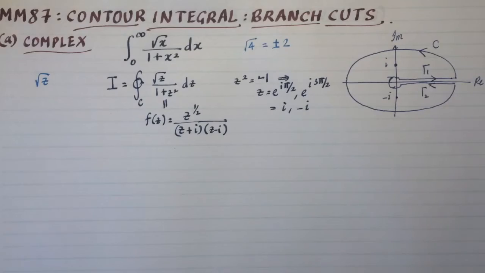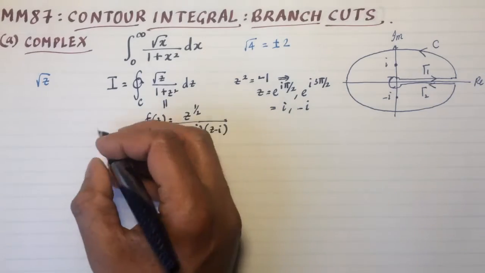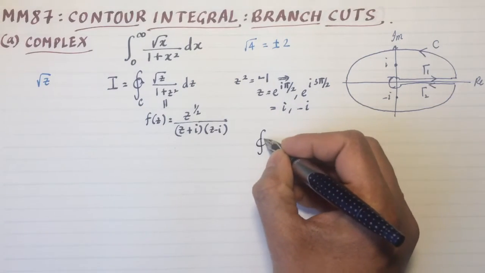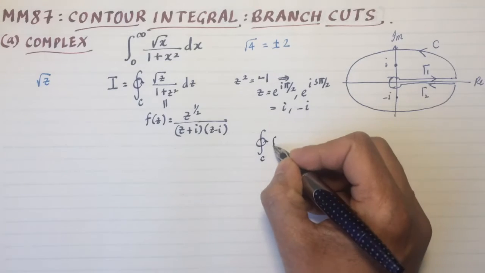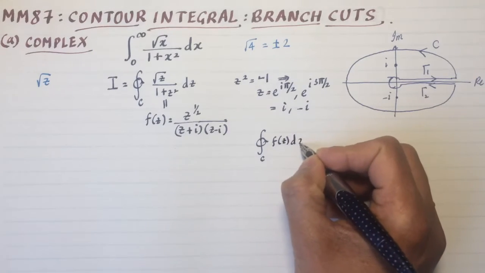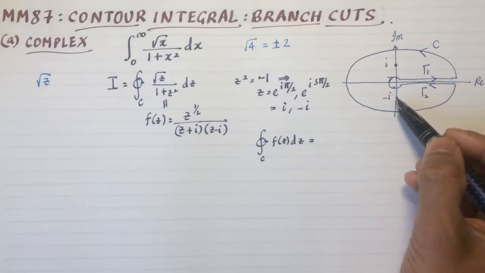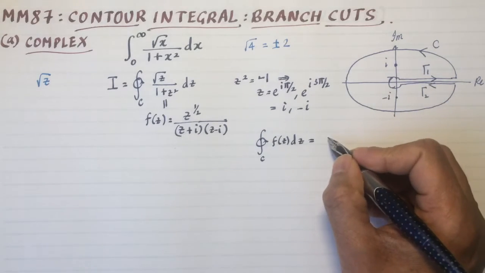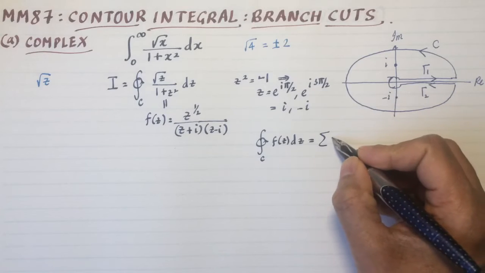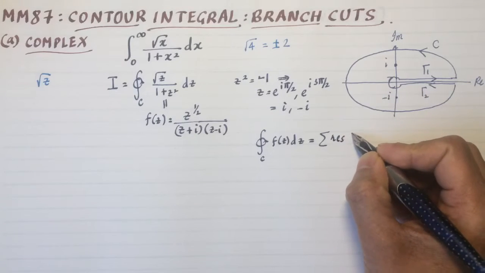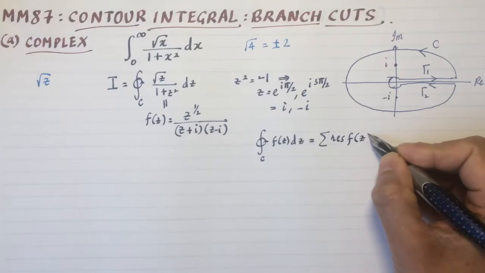And now by the theorem of Cauchy, the integral of f of z dz is just going to be the sum of the residues around these poles times 2 pi i.